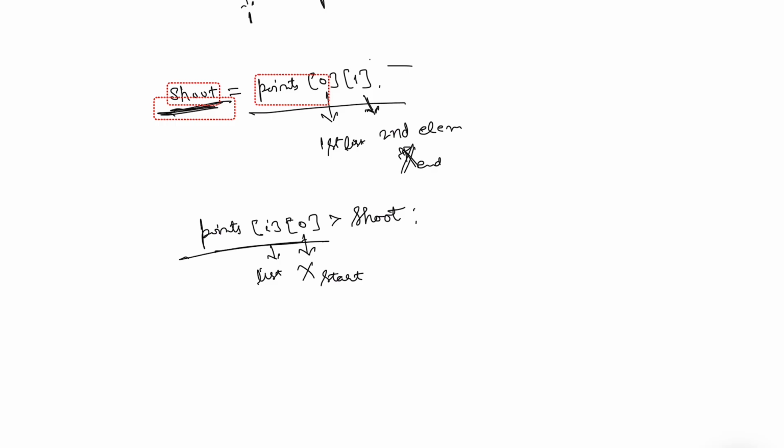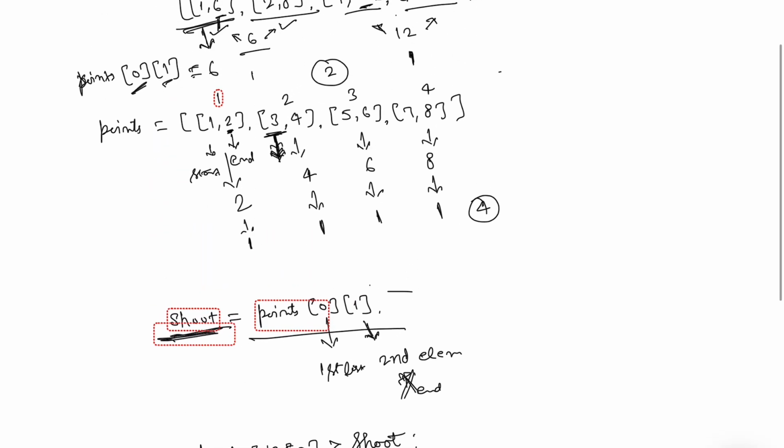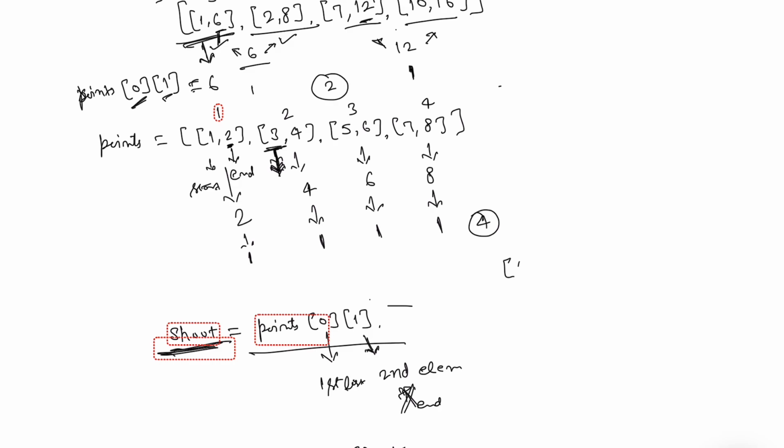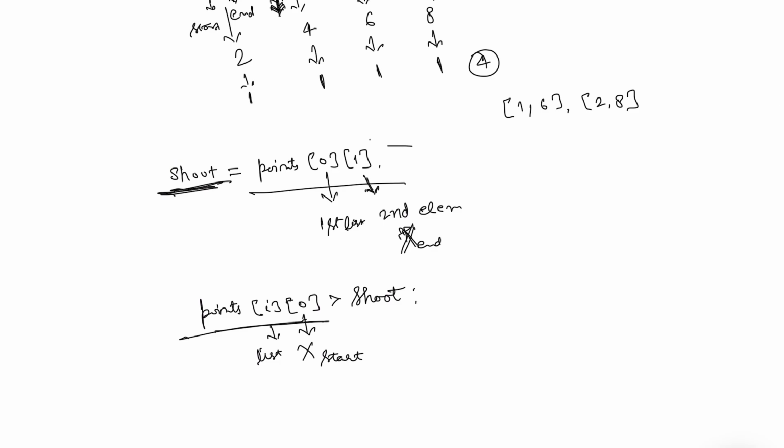So if it is greater than shoot, that means it can't shoot, because for shooting this point, the next balloon's start position should be less than shoot, like this: 1 6 and 2 8. So here this is x start of the first list.